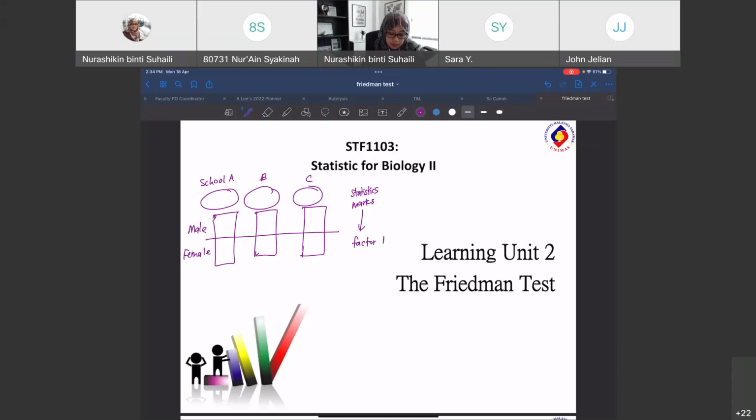I want to compare the statistics marks of male students from school A, and how it differs with school B and school C, but only male. So I introduce another factor, which is gender, still within the same three samples. This is factor number two. The first one just now is the statistics marks, and the second one is the gender. I hope you can see the difference.